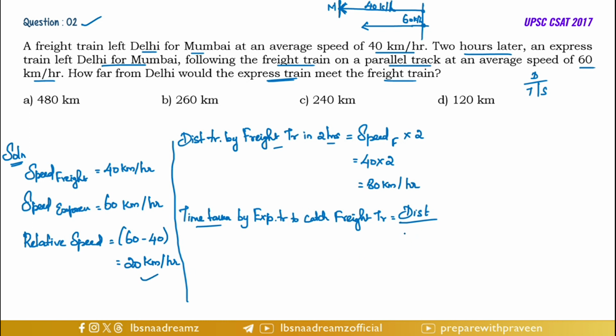Distance by relative speed, which is 80 divided by 20, is equal to 4 hours.